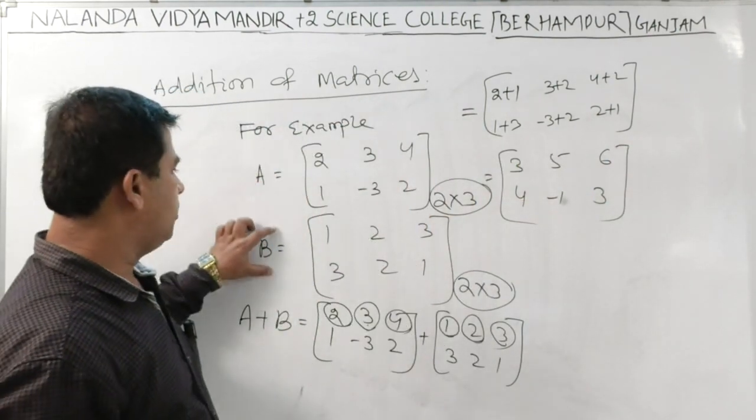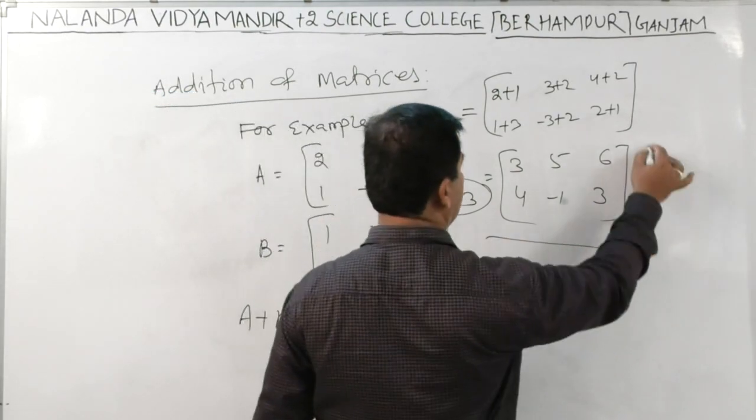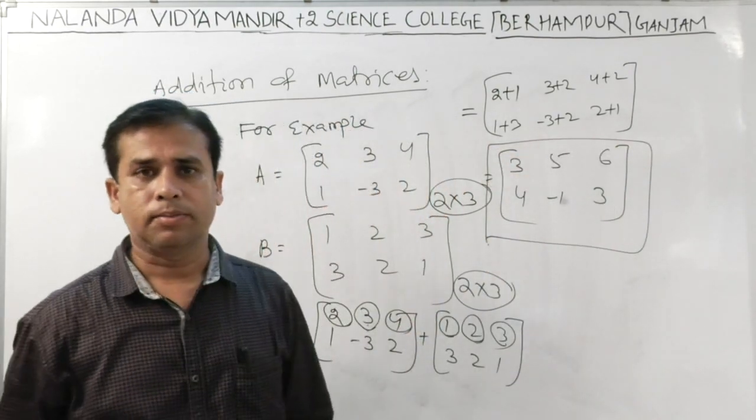When we add matrices A and B, we get this, which is our addition or sum of two matrices.